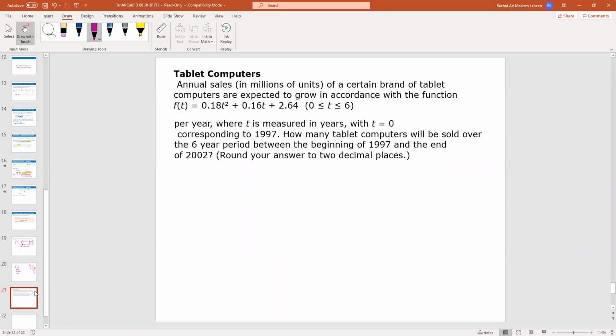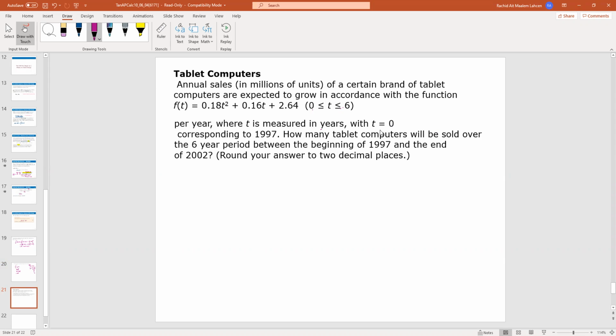So let's look at the annual sales of a certain brand of tablets, similar models we've seen. Now we understand well what these 0 and 6 mean when we look at t, and t here is measured in years, with t equals 0 corresponding to 1997.